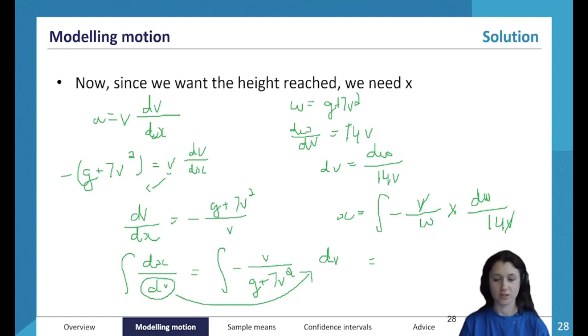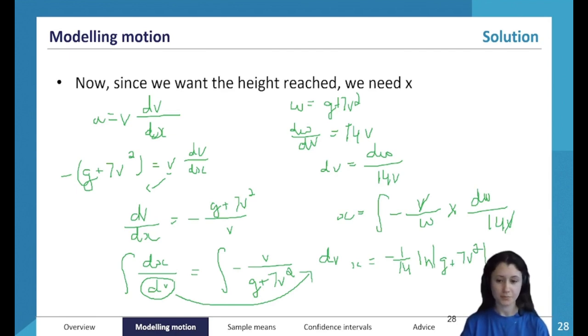So obviously we can just integrate this as an ln function. So we're going to have negative 1 on 14 ln, and then w is going to be just that original substitution we did.